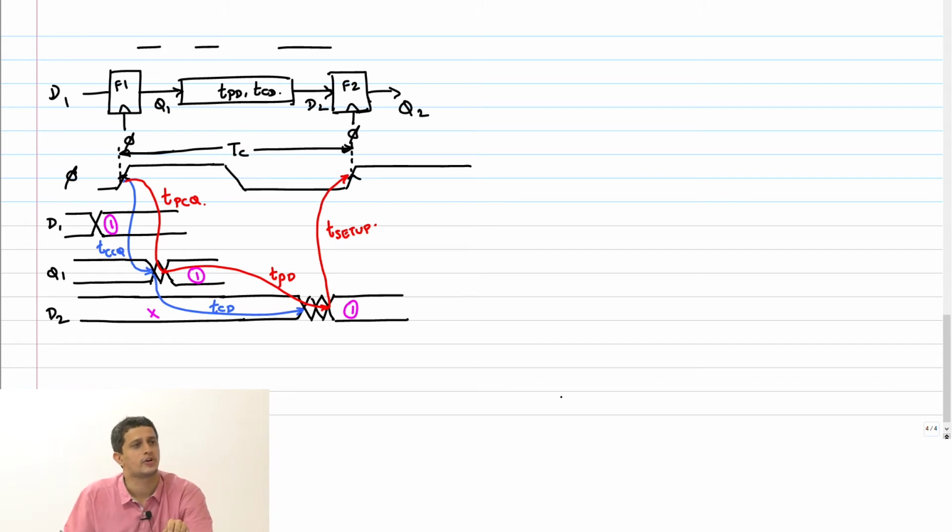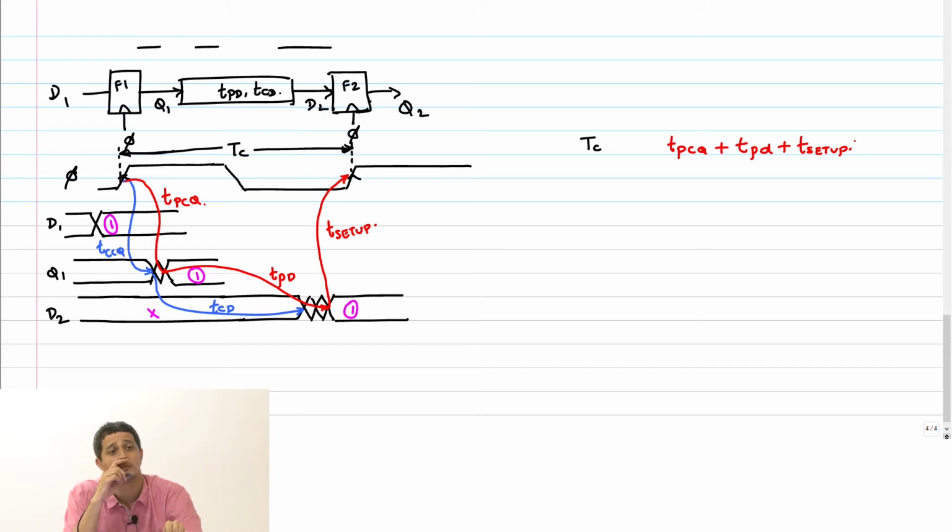So, what is the constraint now? Let me write Tc here and I'll write the sum of these delays, which is basically T_pcq plus T_pd plus T_setup.